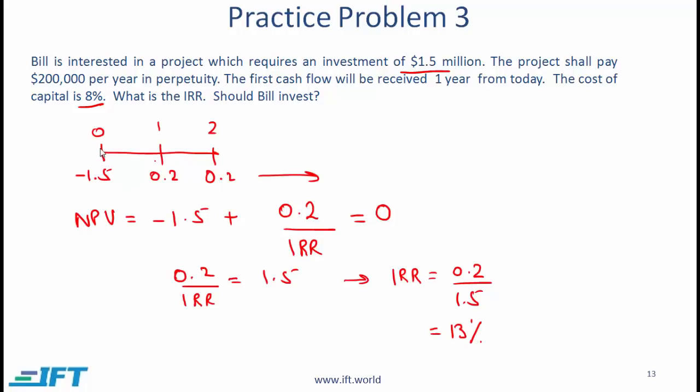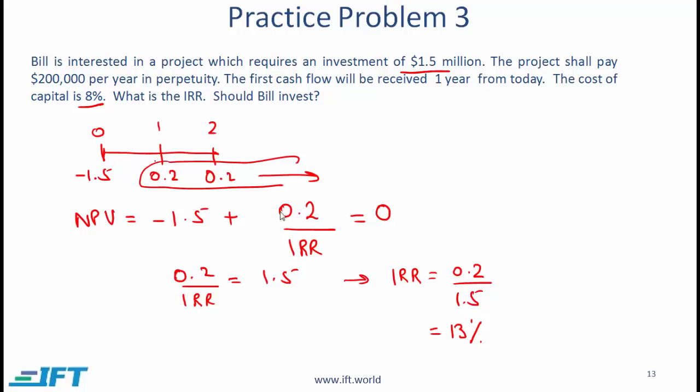The NPV for the project is equal to minus 1.5, and we are working in millions here, so that's the initial investment, plus at time 0 the present value of the future cash flows. What we are getting starting year 1 is a perpetuity of 0.2 million. The present value of this perpetuity is 0.2 divided by the rate, and the present value will be one period before the first cash flow.